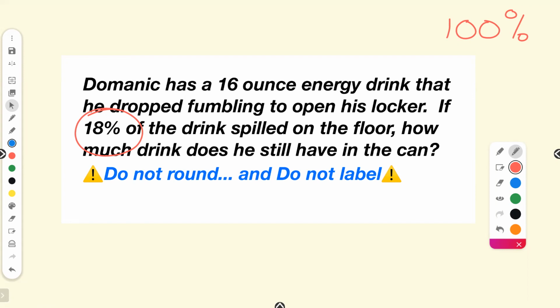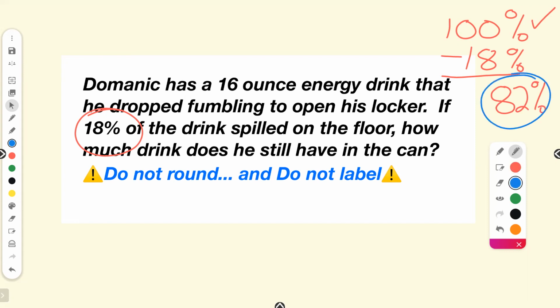So now what you simply do is you start with 100%. You take the percent that's in the problem. After you decided whether you add or subtract it, you do that next. So this is going to take us to 82% here because we lost 18%.